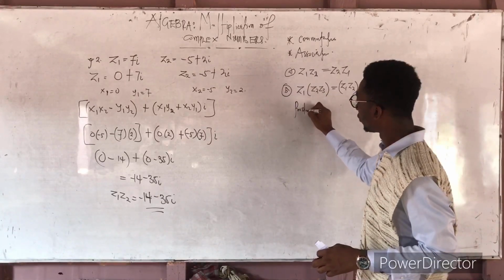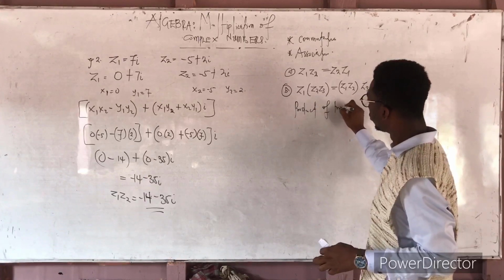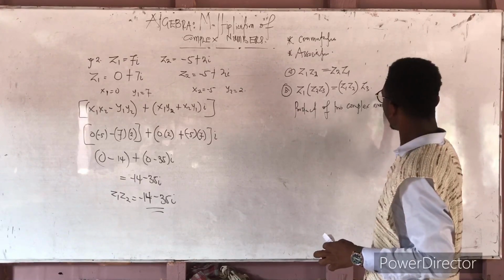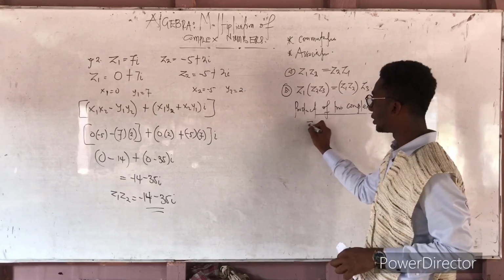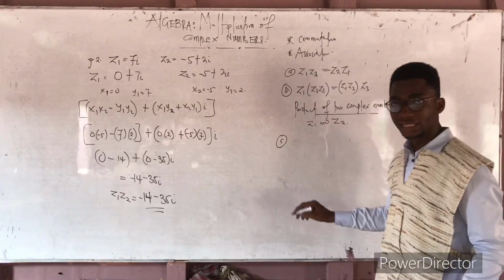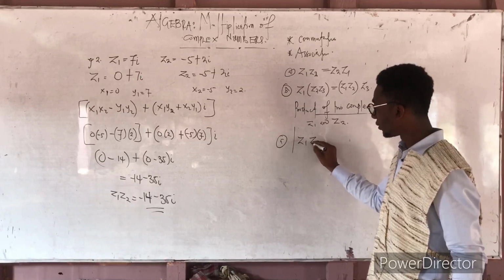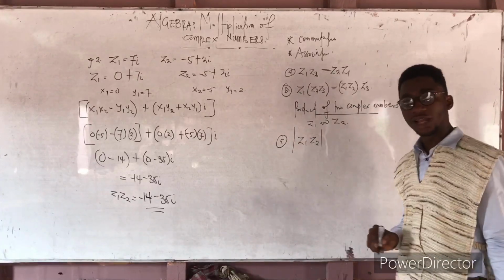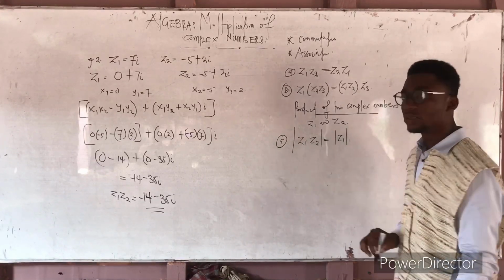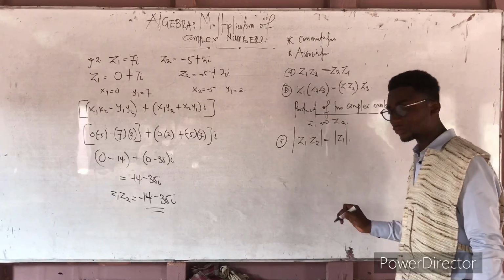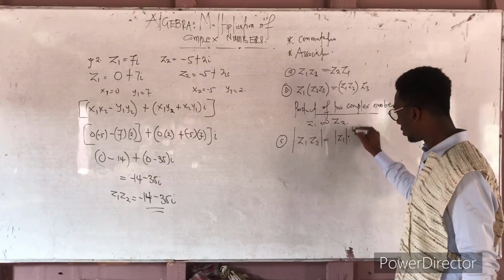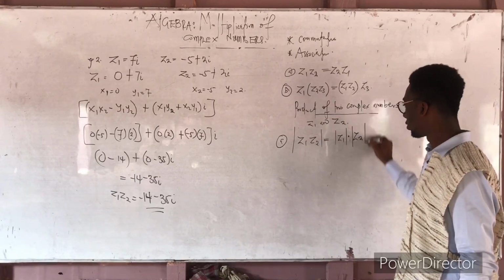So for the product of two complex numbers, let's say z1 and z2, the property states that the modulus of their product is equal to the modulus of one complex number multiplying the modulus of the second complex number.